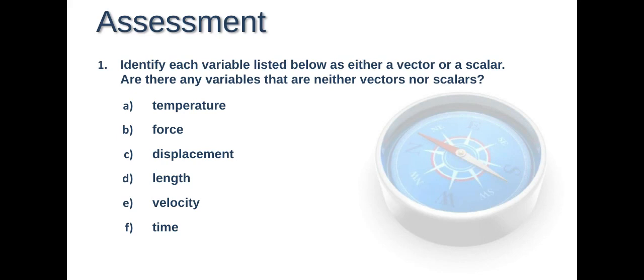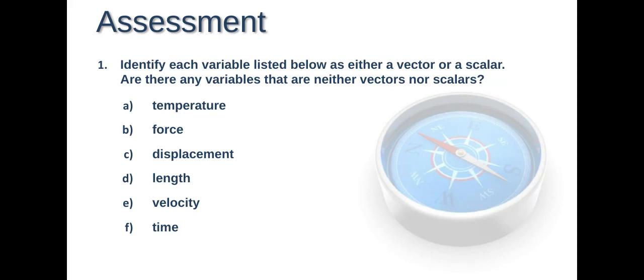Force. Force is going to include a direction. Force can be negative, so force is a vector. Displacement. Well, we already talked about this, and we should know that displacement has to be a vector, while distance is a scalar. Length would also be a scalar quantity, which is related to distance.